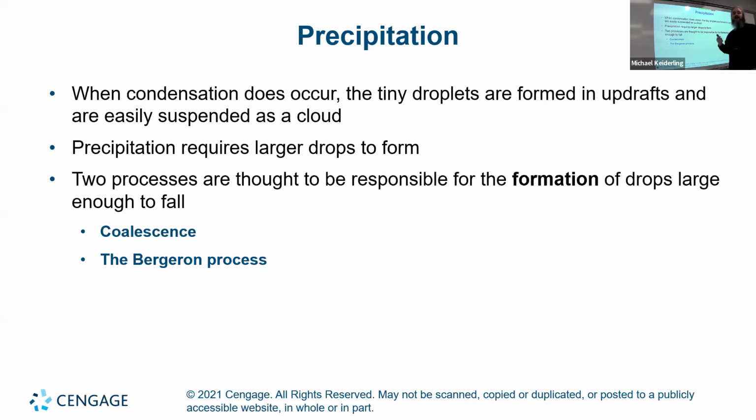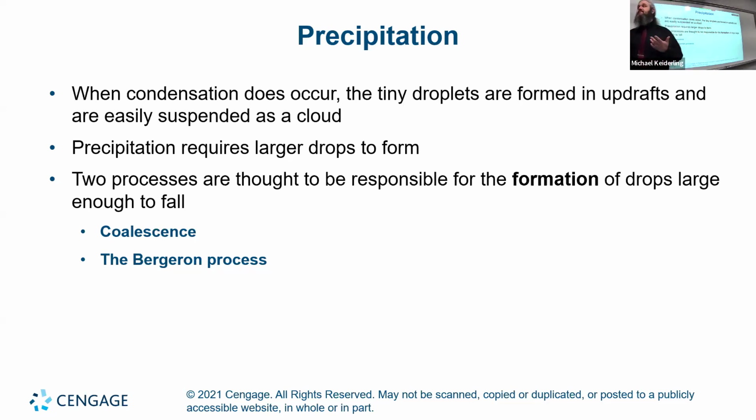For precipitation, or actual rainfall, you need to form larger droplets. And there's thought to be two main processes responsible for the formation of drops that are big enough to fall as rain or various types of precipitation. And those are coalescence and the Bergeron process.